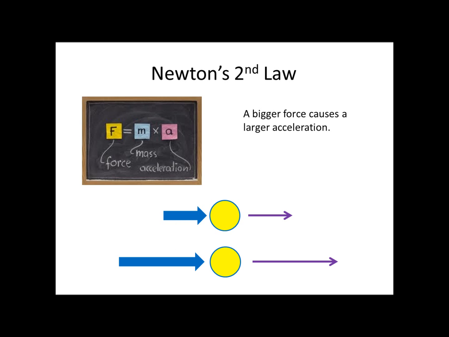Now, as a matter of fact, Newton goes on with his second law and he says, okay, forces cause acceleration with the first law, but with the second law he actually tells us how to find how big that force is. So Newton's second law is basically an equation. Force is equal to mass times acceleration. If we apply a bigger force on an object, it's going to cause a bigger acceleration.